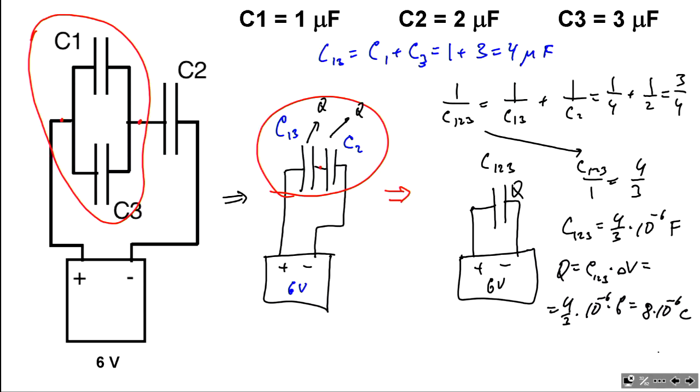Now, by the way, if I know the charge, I can calculate the voltage for each individual capacitor. The voltage number 2, for example, will be equal to charge over C2, 8 times 10 to the negative 6 over 2 microfarads, 4 volts.